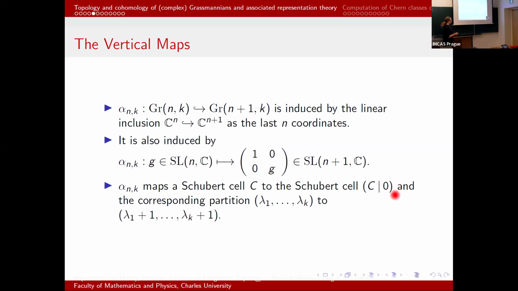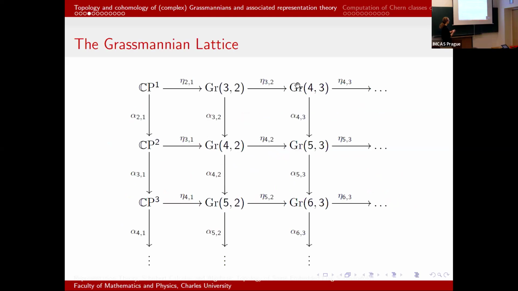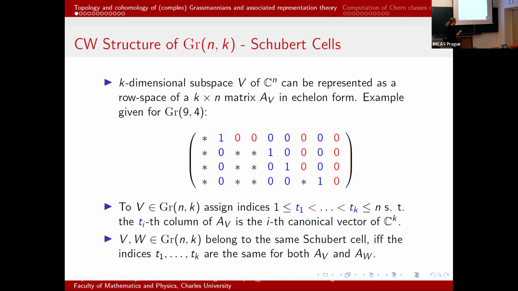By this notation, I just mean that we take the matrix representing the subspace of the Grassmannian (n,k), and we just add a 1, 0 column at the end. So if I go back to this slide, we would just add a 1, 0 column to the right.